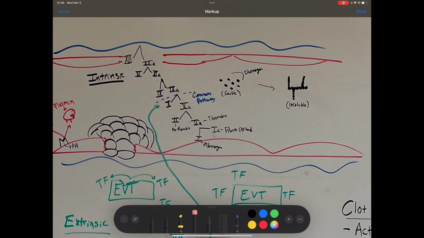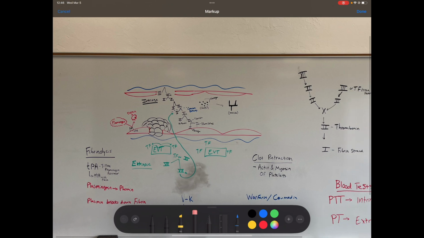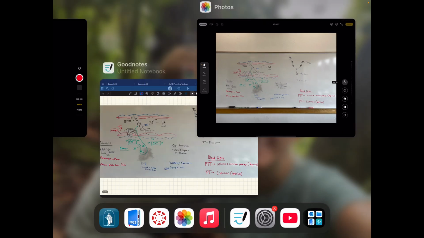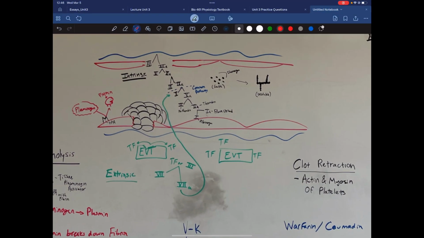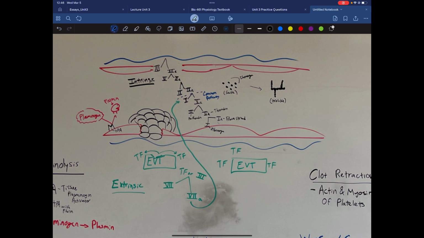It connects them, and it becomes insoluble. All these strands of fibrin can be connective, and it makes a net-like structure on the plug.